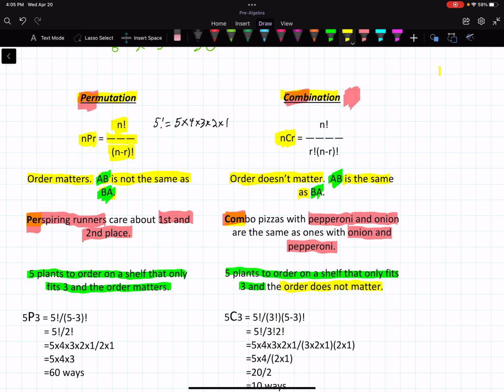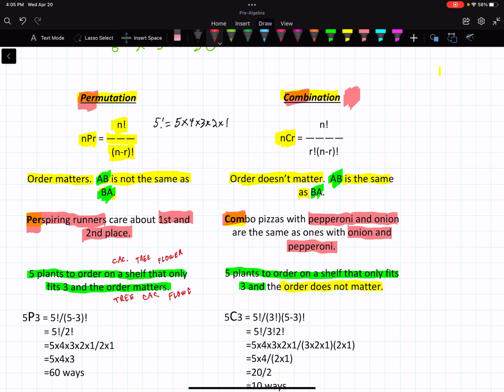So, for example, on the left-hand side, if I had a cactus, then let's say a tree, and then a flower, that's totally different than if I had a tree, then a cactus, then a flower.